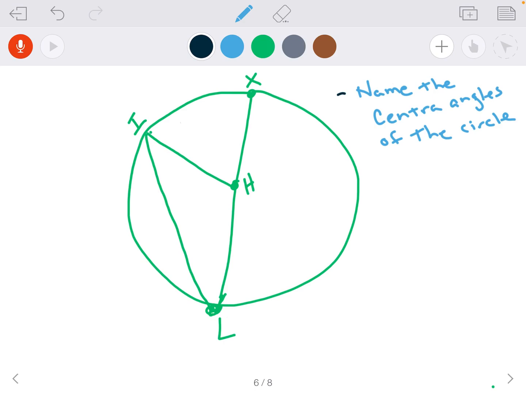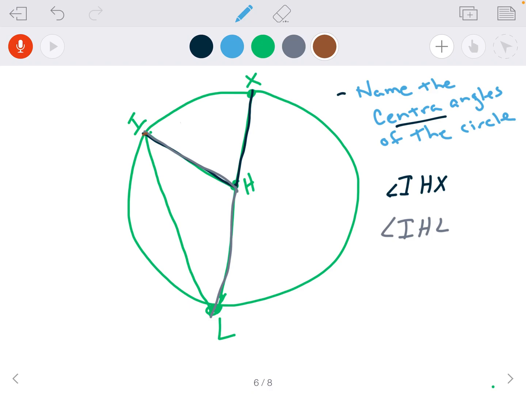Name the central angles of the circle. Well, the central angles of the circle are from the center out. So for the central angles of this circle, I have to use 3 letters. So I have angle IHX as one. I have angle IHL. Let me see. Where's the other one?